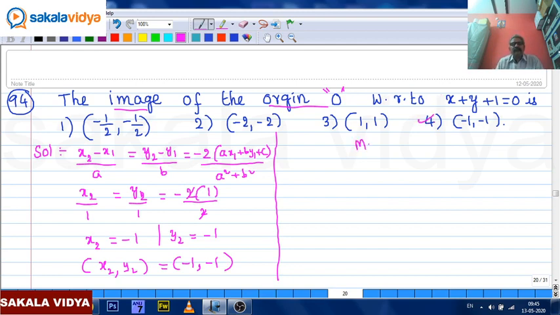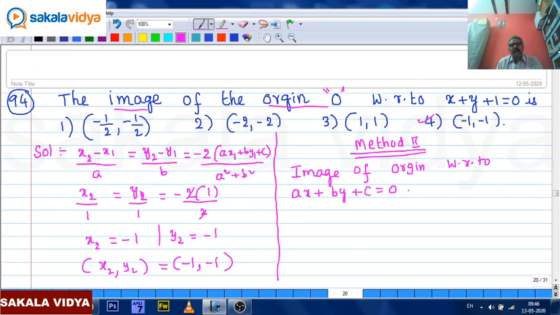Method number 2. The image of origin with respect to ax plus by plus c is equal to 0 is minus 2ac by a square plus b square comma minus 2bc by a square plus b square.